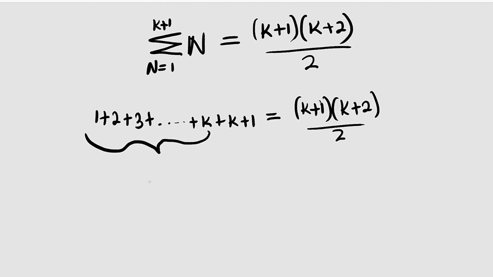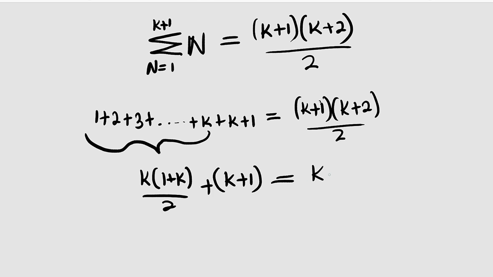So what we have here is just k multiplied by 1 plus k divided by 2. But we still have another k plus 1, right? We want to show that it is the same thing as the right hand side, which is k plus 1 multiplied by k plus 2 all divided by 2.